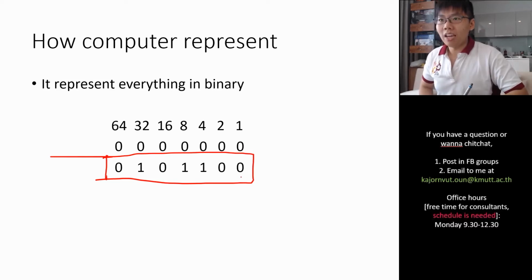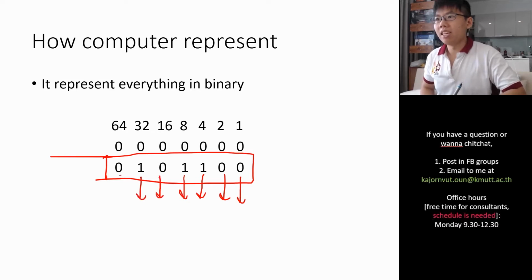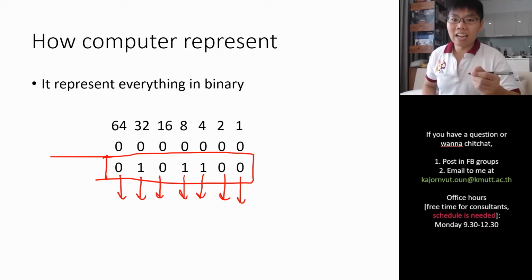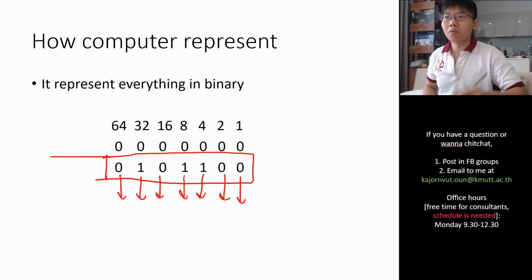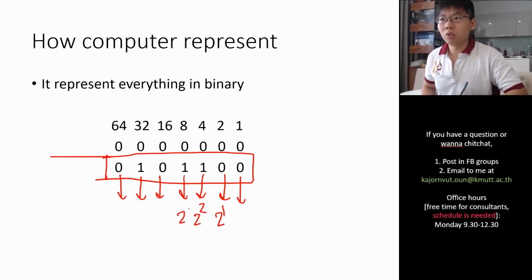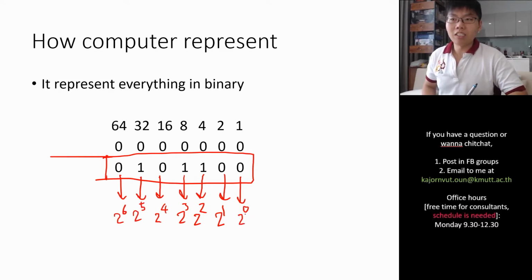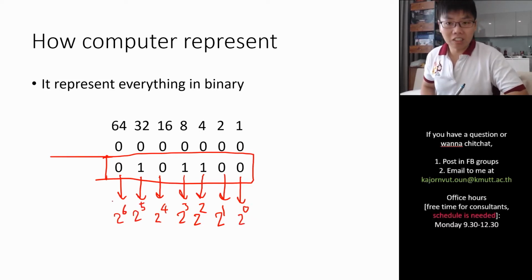So the value of each digit is translated in the same way that your brain works, but instead of 10 to the power of 0, 1, 2, 3, 4, 5, it's going to be 2 to the power of 0, 1, 2, 3, 4, 5, 6. This is the value of that specific digit.